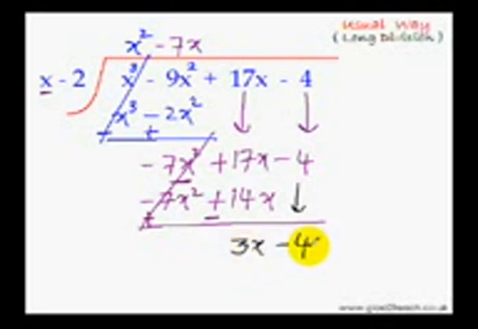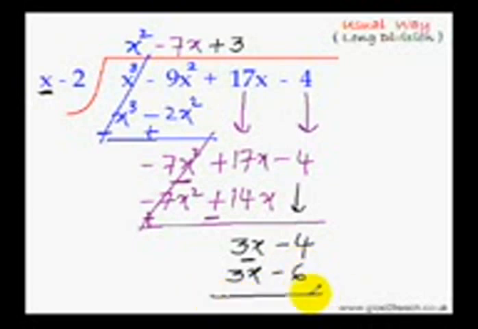So this is our new dividend, and once again we repeat the same process, that is, divide the first term of this new dividend with the first term of the divisor. So 3x divided by this x is 3, so we put positive 3 there. Now multiply this 3 with all the terms of the divisor. 3 times x is 3x, and 3 times minus 2 is minus 6, and once again you subtract it by changing the sign.